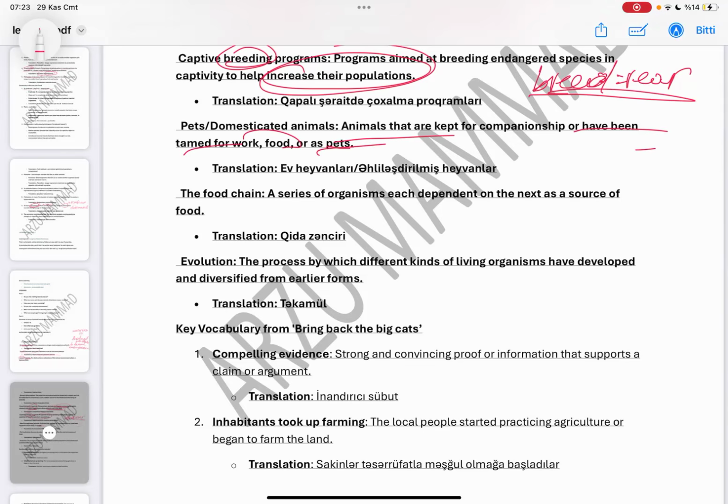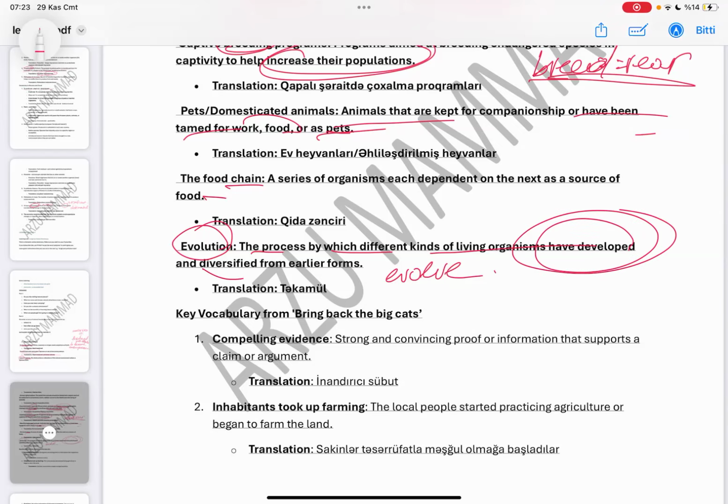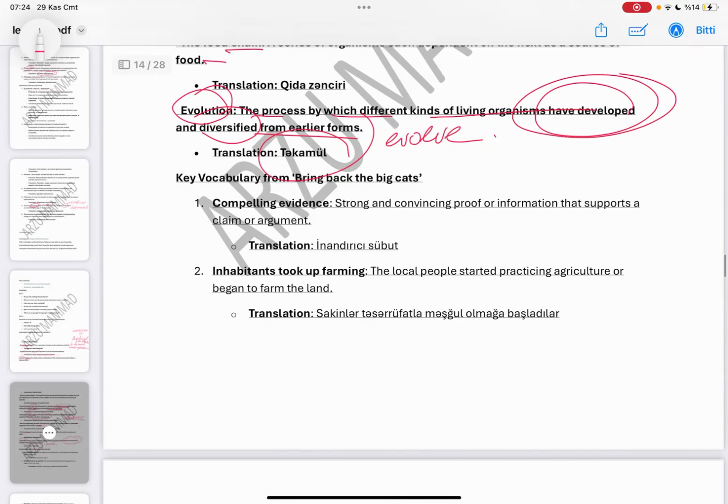You can see food chain. It's very easy, like food and chain. Evolution theory. Evolve, we have also discussed, the process by which different kinds of living organisms have developed. Yes, development of this, diversified from earlier. You can see its translation, like Darwin's evolution theory, for example. Remember it like this.